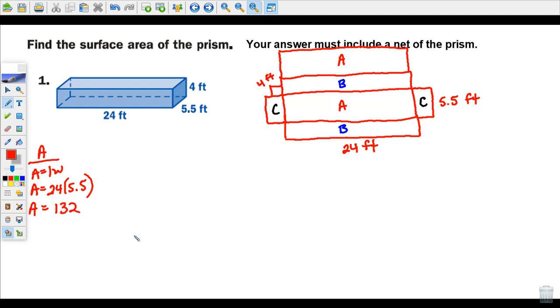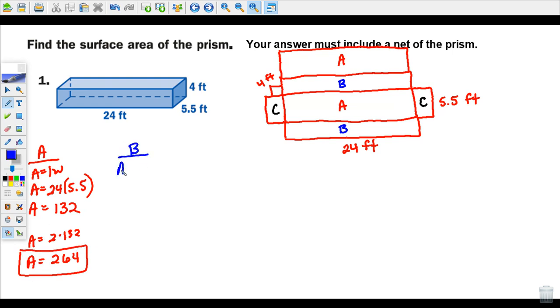Now I'm going to do this a different way in the next example, but right here, there's two faces that are identical to A, right? So I'm going to take this 132, and I'm actually going to multiply it by 2 and get that the area of both rectangles for A is 264. Now I'm going to move to B.